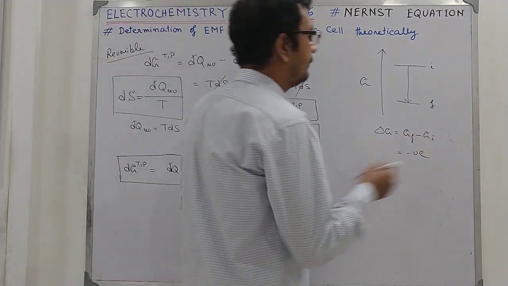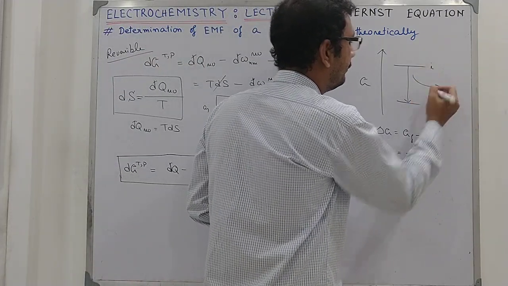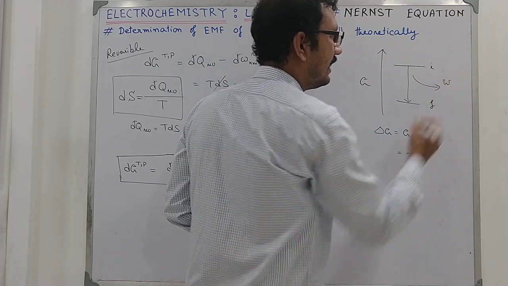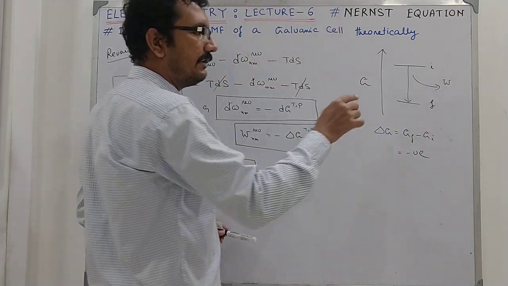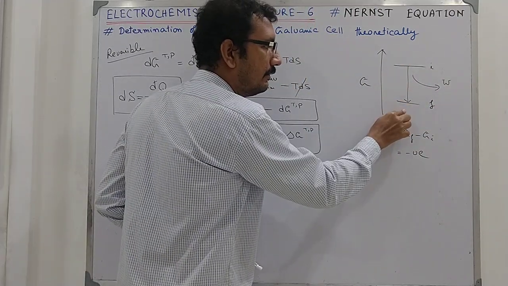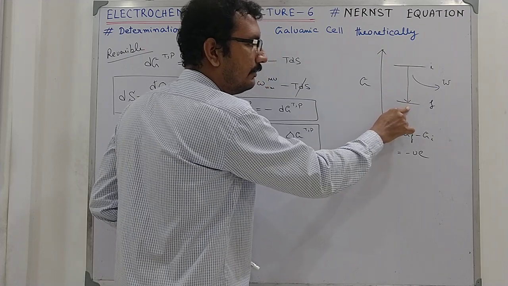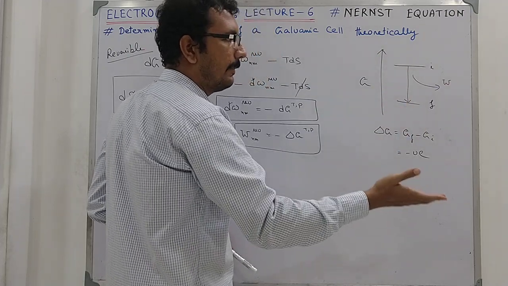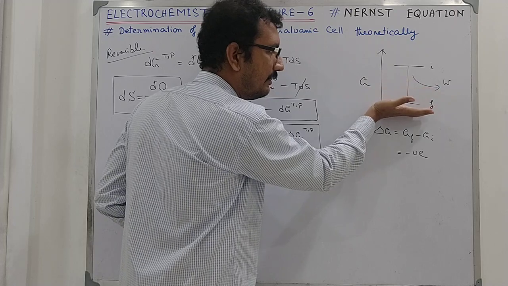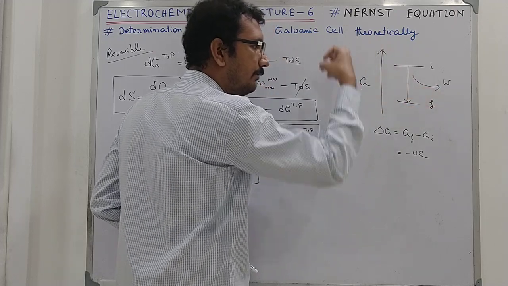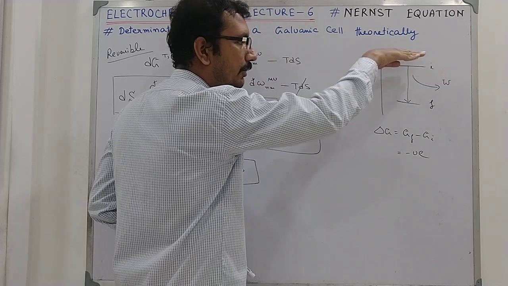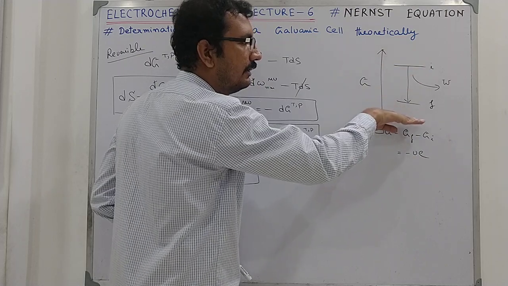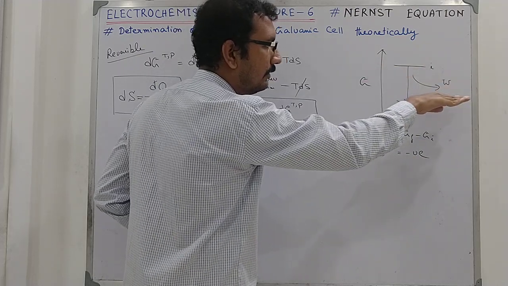That will be only possible if it performs work. Only when this system performs work during the change will its capability to perform work decrease. So orderness will decrease, disorderness will increase. Orderness decreasing means ordered energy is being utilized, so you are getting work.